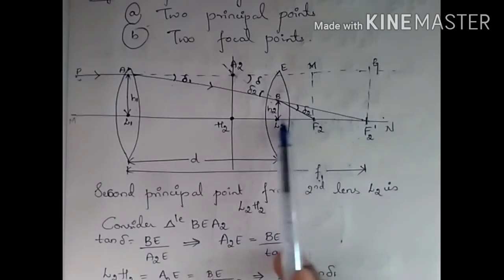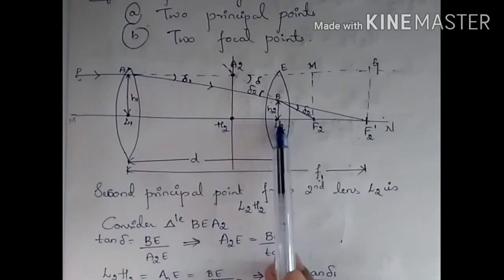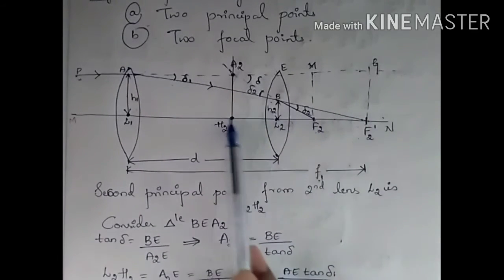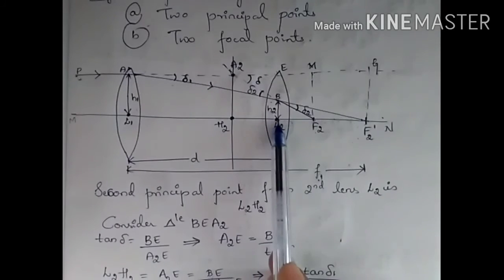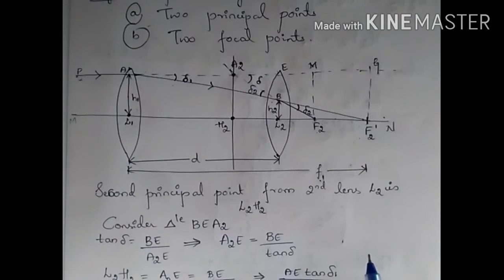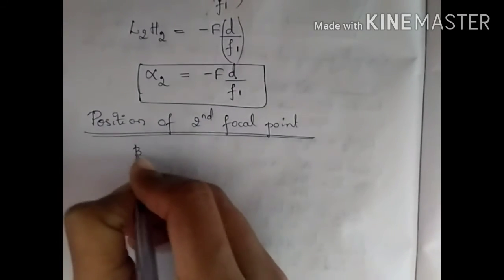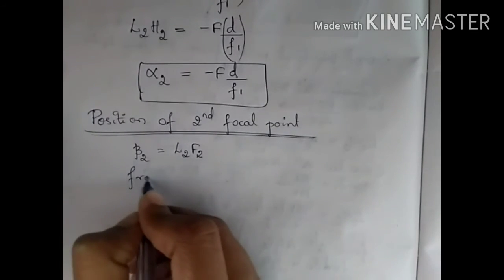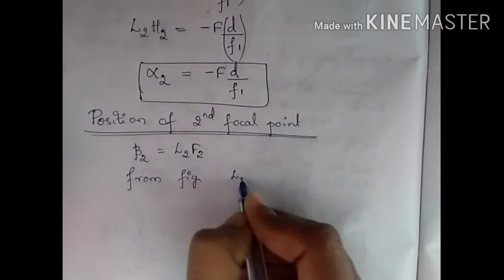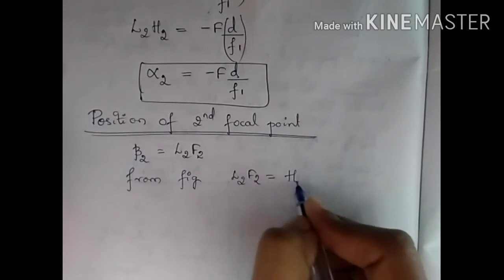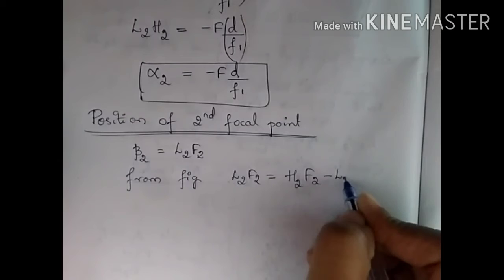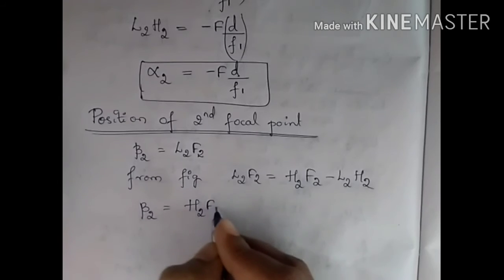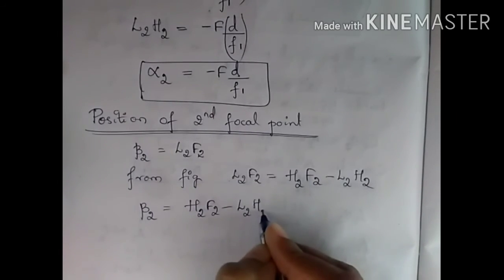This distance can be obtained by subtracting H2L2 from the overall distance H2F2. H2F2 minus H2L2 will give you L2F2. So let us write that in equation form. Beta 2 is equal to L2F2. From the figure, L2F2 is equal to H2F2 minus L2H2. So beta 2 is equal to H2F2 minus L2H2.